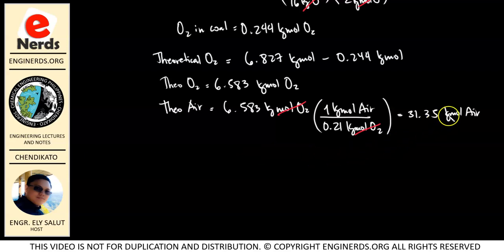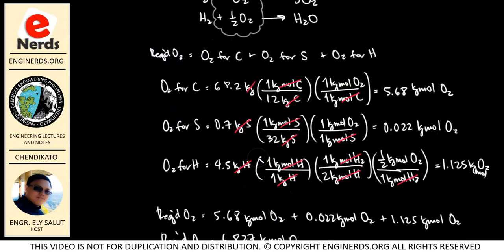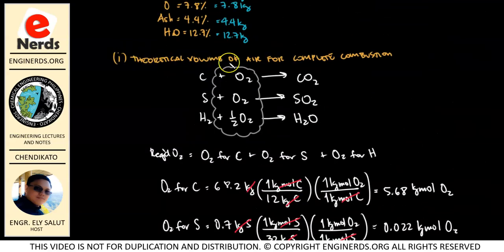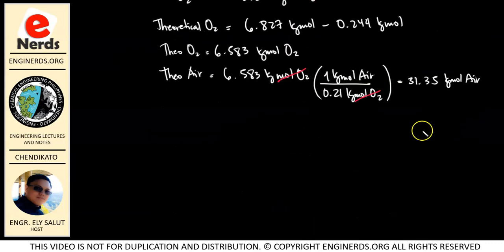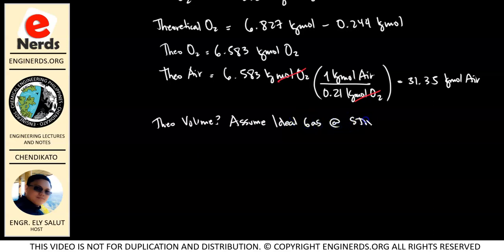Okay, so, alam na natin kung ilang mole ng air meron na tayo, no? Or ilang mole ng air ang kailangan natin i-supply for complete combustion. Pero ang pinahanap sa atin is yung theoretical volume of air for complete combustion, no? So, how are we going to get itong theoretical volume ng air natin? Paano natin makukuha yan? Well, we can get this if we are going to assume that we have an ideal gas at STP, or standard temperature and pressure.